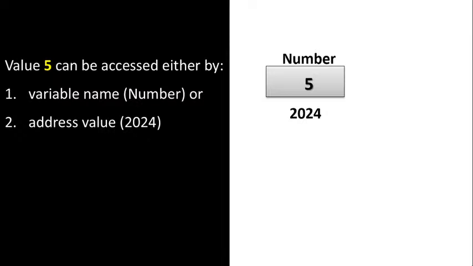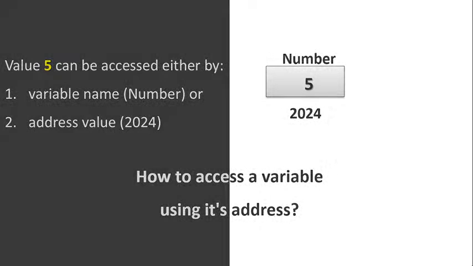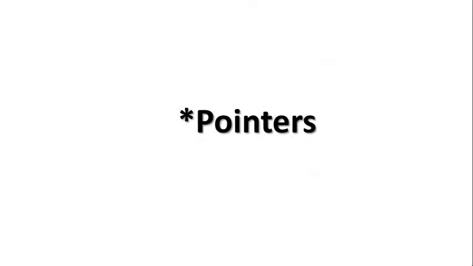Or else I can always print the address of a particular variable that you declare, and using the address values I can actually write a program. That particular concept, how to access variables using their address, is called pointers. Pointers are usually represented using a star. The same multiplication operator is used for pointers here.